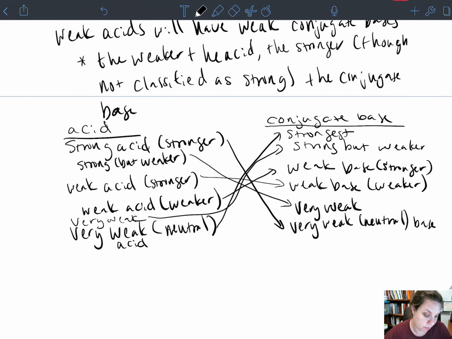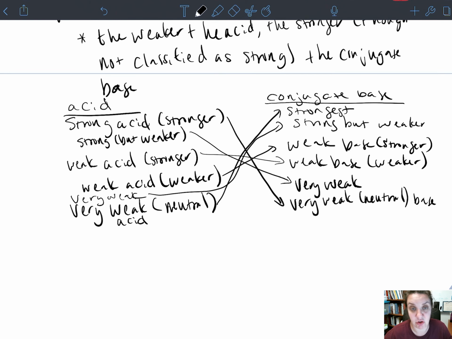A strong will go to very weak, but a weak will stay weak whether it's an acid or its conjugate. Okay, last thing I want to look at is Ka and Kb.